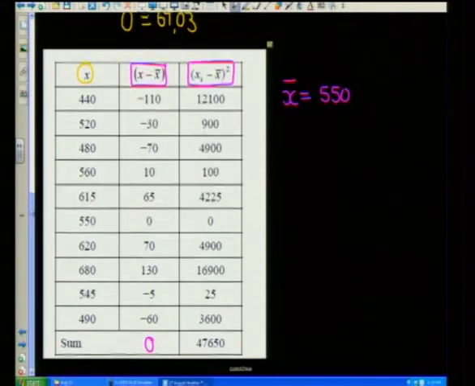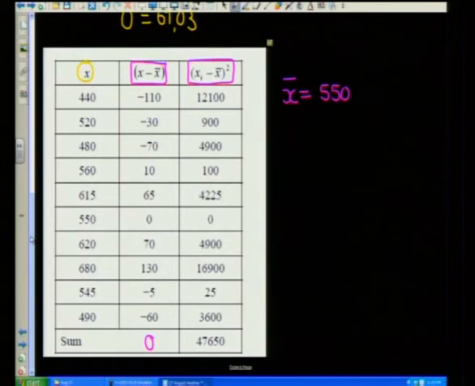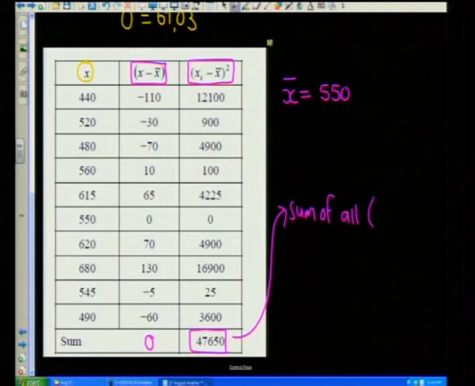Okay? Now, to get to your standard deviation, what we need to do is sum all of those. So that answer there is the sum of all the squared differences. Okay, so we add all of those up. Then we divide that by 10 because there are 10 scores.